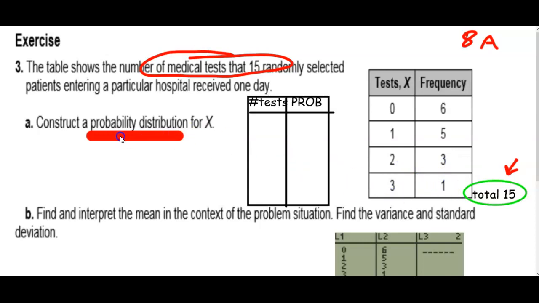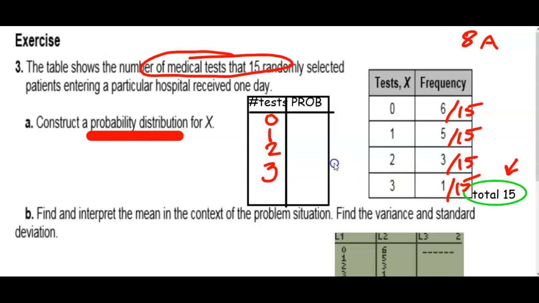So to construct a probability distribution, we're going to take the number of tests and find the probability of each, which would be 6 out of 15, or 5 out of 15, or 3 out of 15, or 1 out of 15.